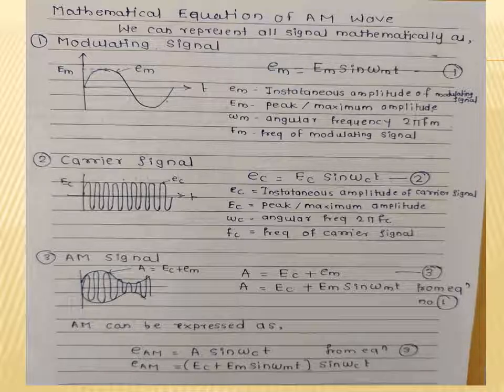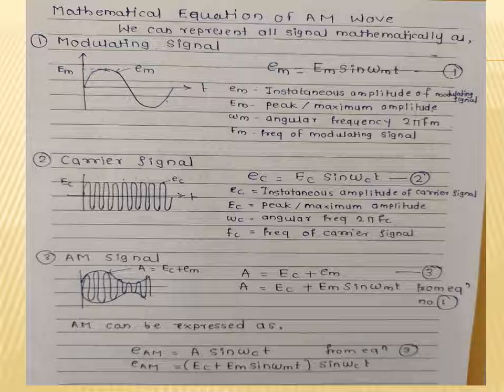From equation number 3, you write the value of A: EC plus EM sin of omega mt, into sin of omega ct. This is the mathematical equation of your AM wave.